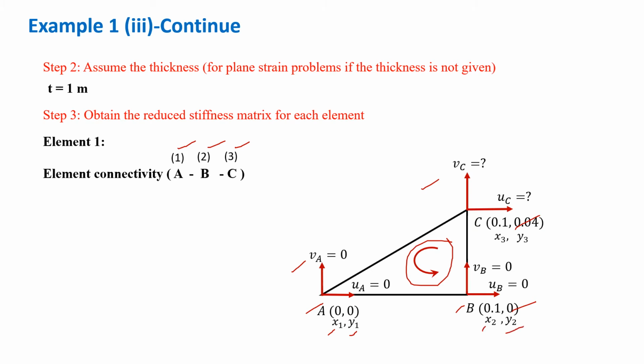And node C, the coordinate will be x3, y3. Then, the next step is to determine the surface area of this element. I just simply use the formula half times the base times the height, which is equal to the value as shown in this slide.